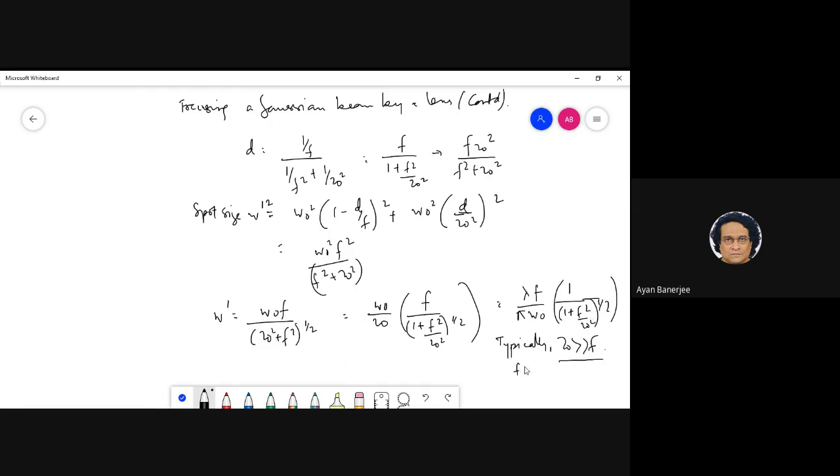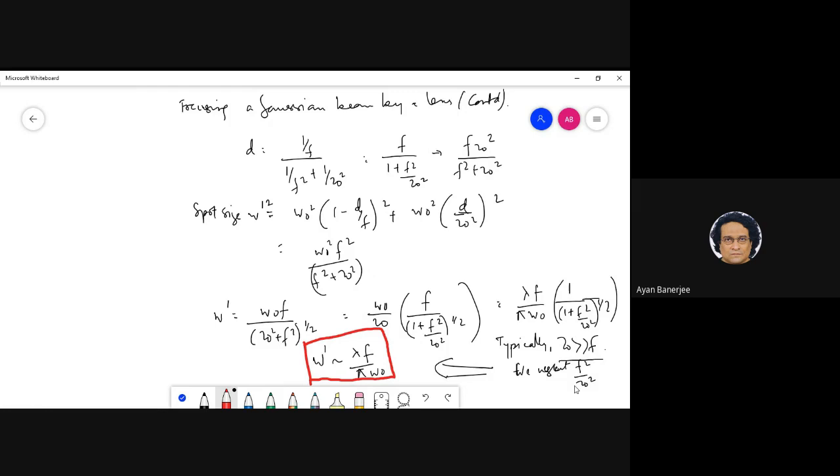So this is gone obviously, which means that we neglect f squared by z0 square, and this is the crucial relation. This should, in a straightforward manner, tell you that it is only valid when this is true.